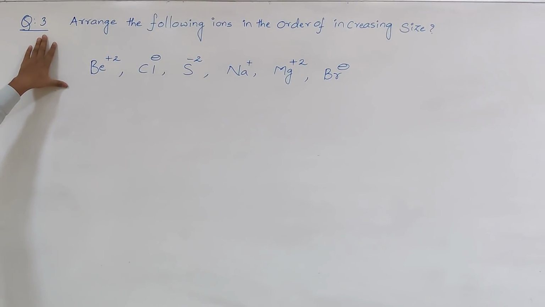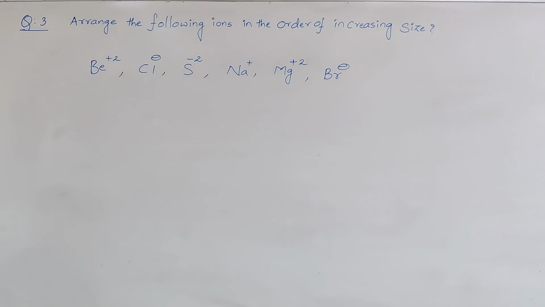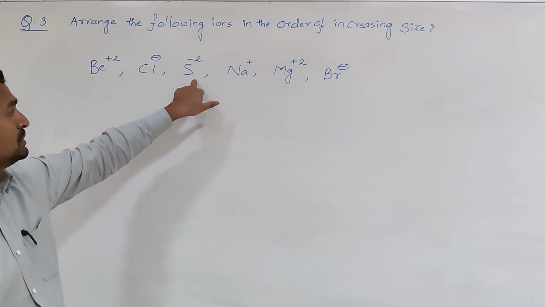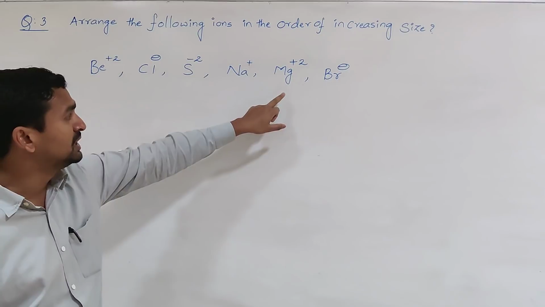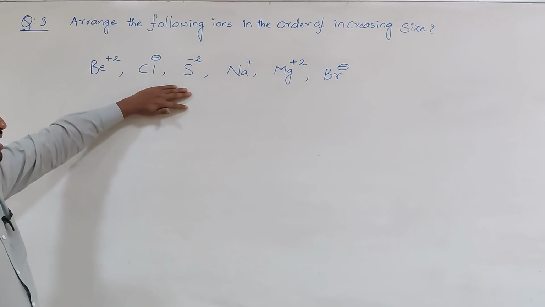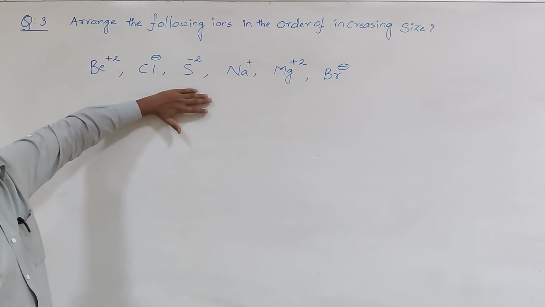Question number 3. Arrange the following ions in the order of increasing size. Given ions are Be plus 2, Cl minus, S minus 2, Na plus, Mg plus 2, Br minus. To answer this question, at least we should have an idea about which groups these elements belong to.